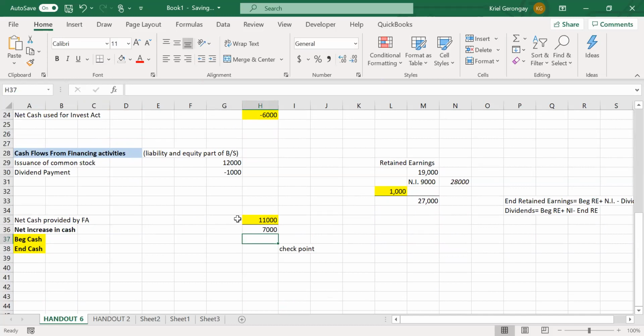To check if you got the right amount, you can go back to your handout 6 and look at the balance sheet. It says there that your beginning cash balance for 2019 is 8,000.